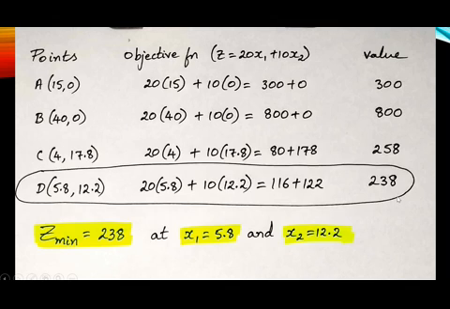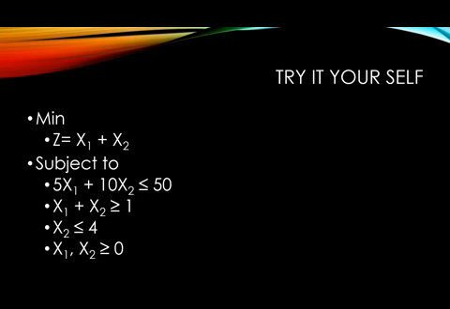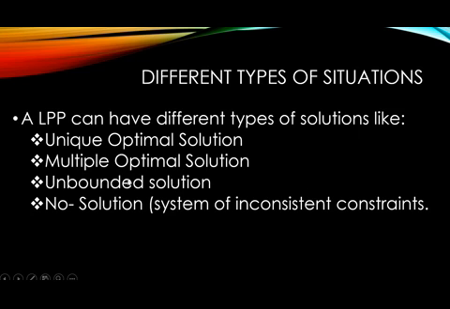Both are optimal solutions, both are correct, but it is not unique. A single point is not giving us the solution. Multiple points might lead to the optimal solution. Under such situations, we call that scenario multiple optimal solution.